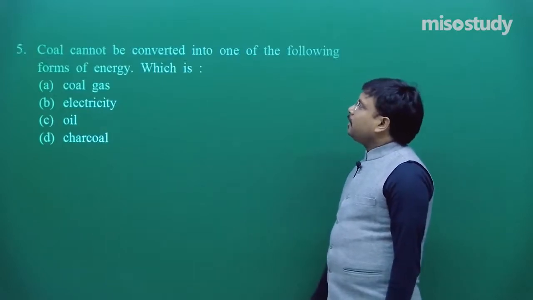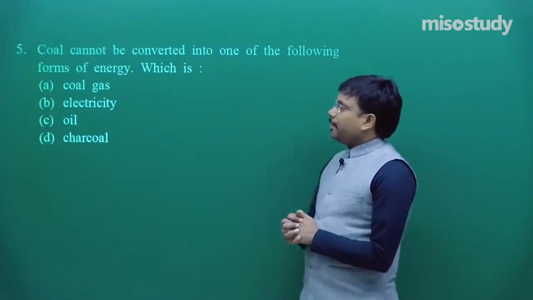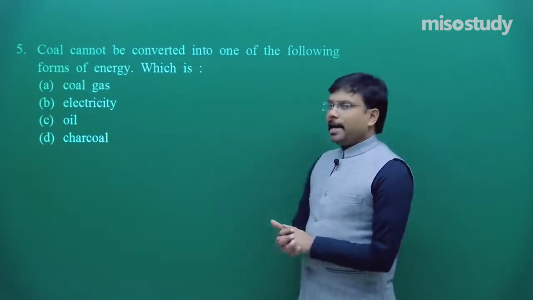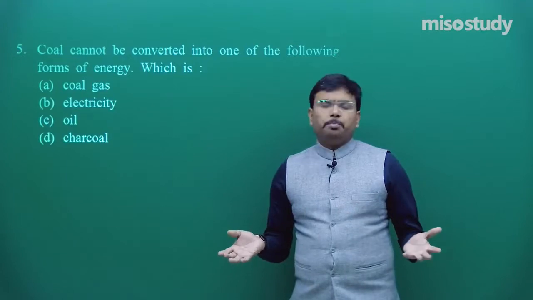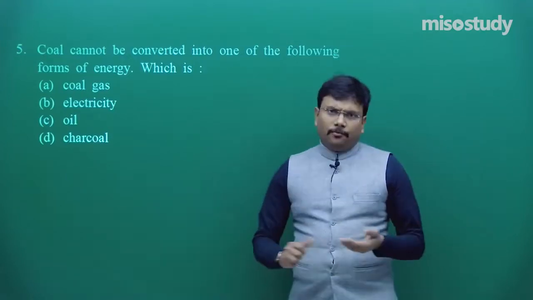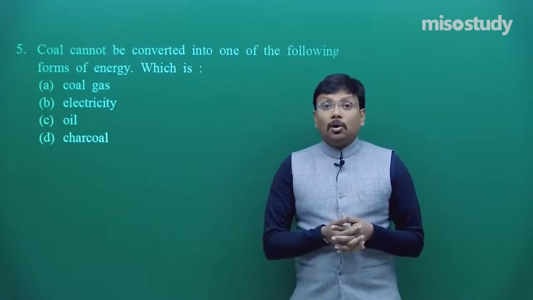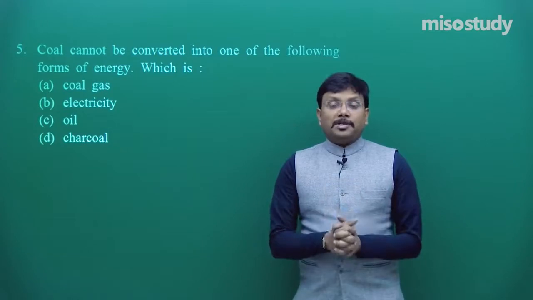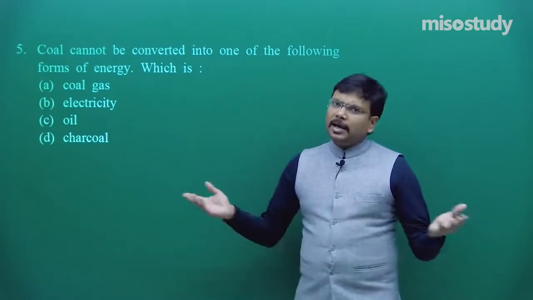Coal cannot be converted into one of the following forms of energy. So, which one is that? Now, coal gas, easily you can convert. By burning the coal, you can create coal gas. Electricity, very simple. Burn the coal, heat the water, make steam, with the help of steam run the turbine, electricity.